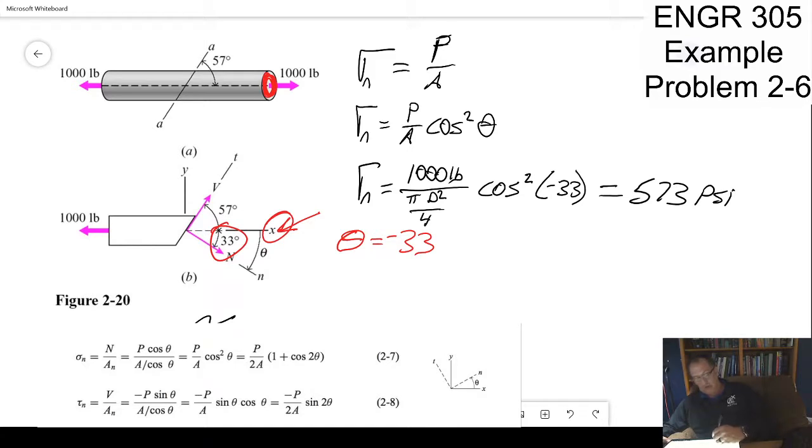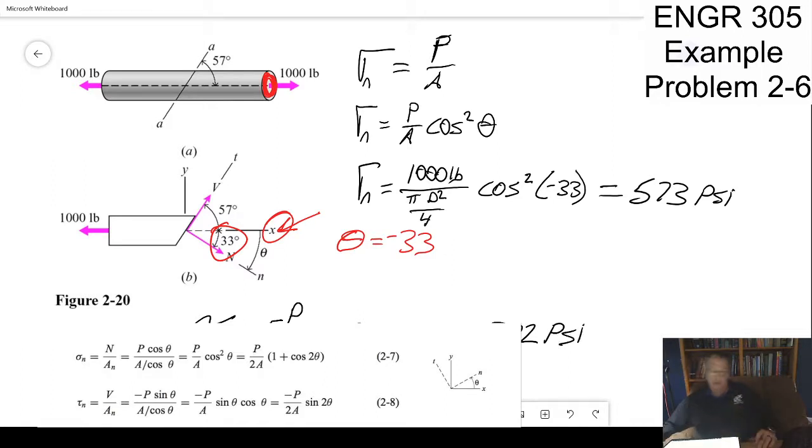The shear in the n direction is equal to minus P over A times sine theta cosine theta. I could have used sine 2 theta, but this is probably just as easy or easier to punch in on the calculator. And when I do that, I get 372 psi.